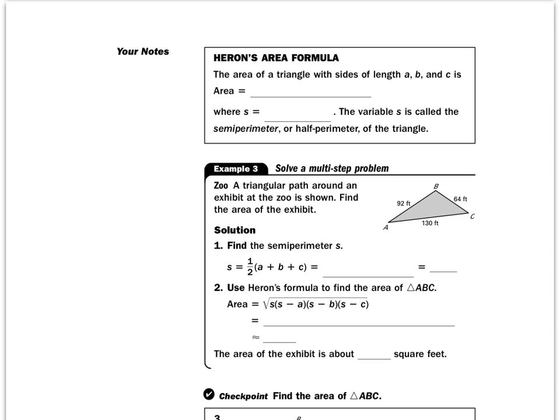Now, the only other thing that we have to do here is Heron's area formula. It's another area formula that we can use when given side, side, side of a triangle. So here is Heron's area formula.